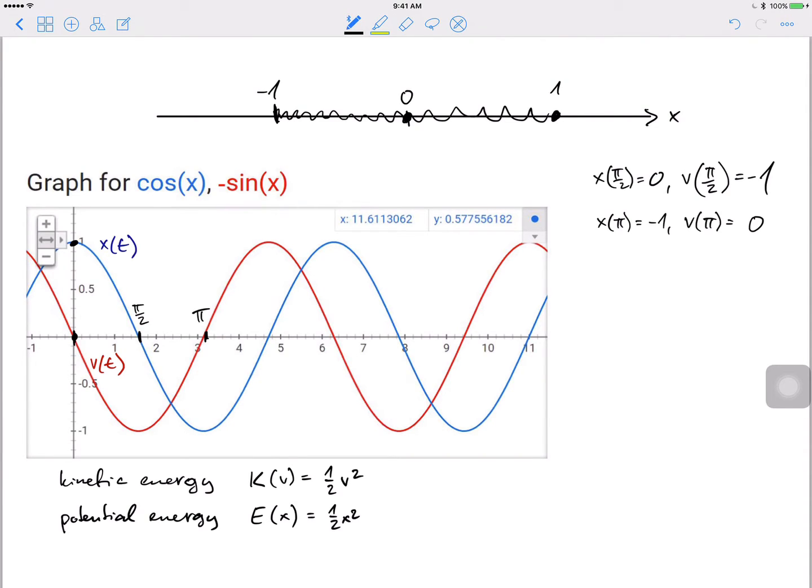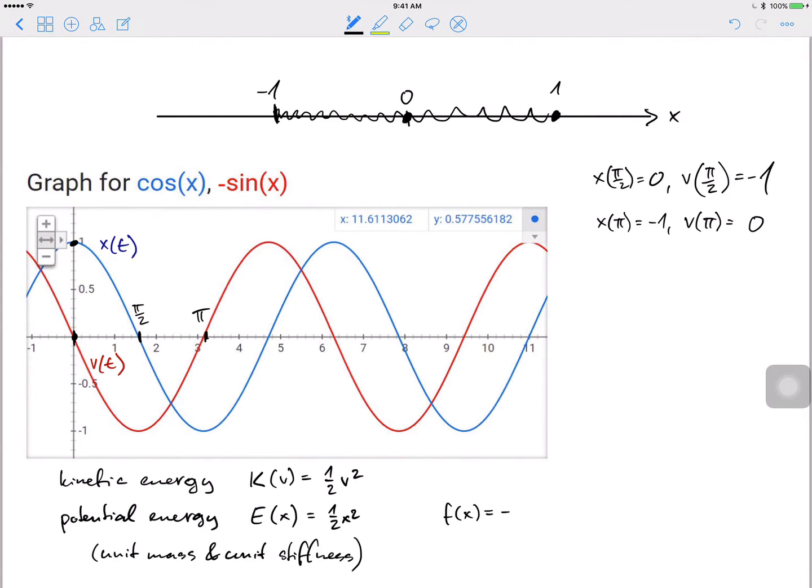So why is it 1/2 x squared for the unit stiffness? Let me make a note here: unit mass and unit stiffness. Why is the potential energy like this? Because of what forces are, right?